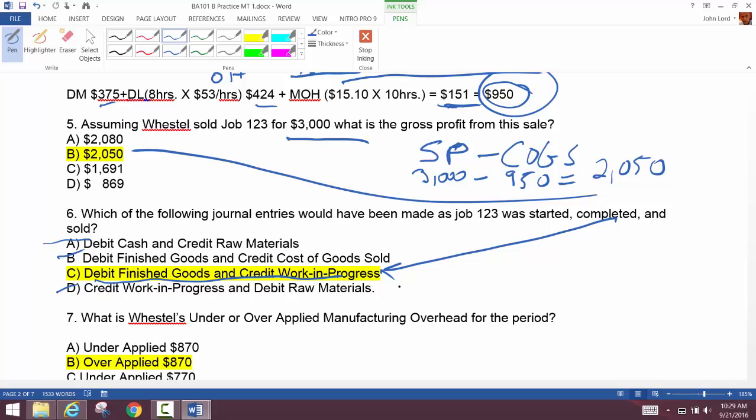Then what? Now I start to requisition my raw materials into production, right? If I'm issuing some raw materials for my direct materials, what journal entry should I make? Credit raw materials.